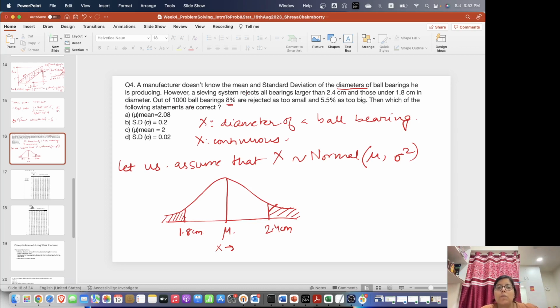So 8% are rejected as too small, that means this area is 0.08. Similarly, this area is rejected, and the percentage of this area is 5.5%, that is the probability is 0.055.